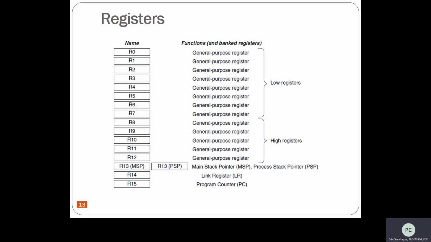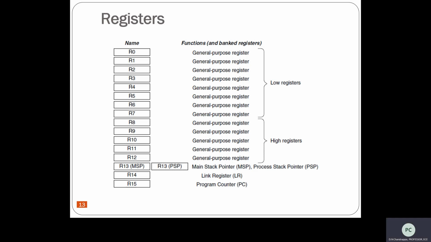Once the execution of the subroutine is completed, it returns back to the main program. During that time, the return address is stored in the link register. So very simple, easy to remember. It links the subroutine to the main program. Get my point?